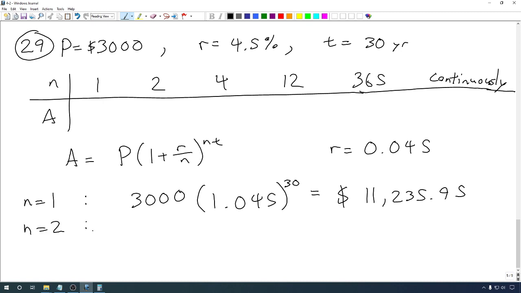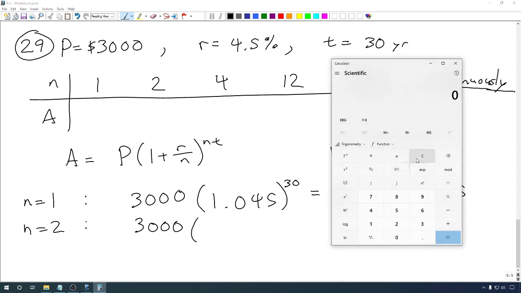For N equals 2, we still have the 3,000. That doesn't change. Now we're going to have to take the 0.045, divide it by 2 before we add it to 1. So you take 0.045, divide it by 2, then add 1 to that. So we have 1.0225.